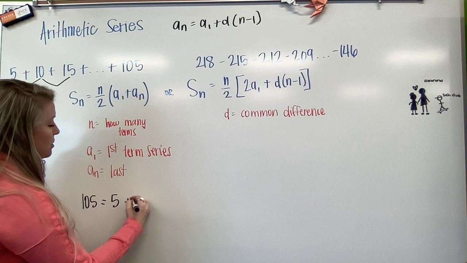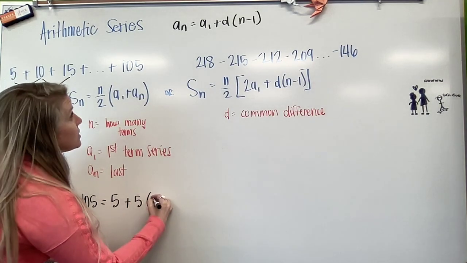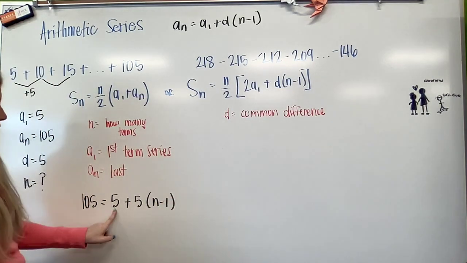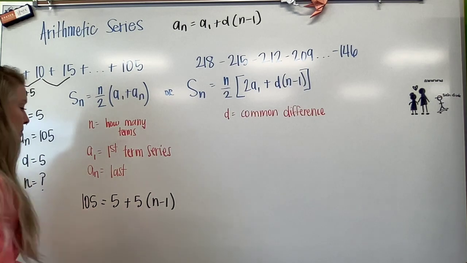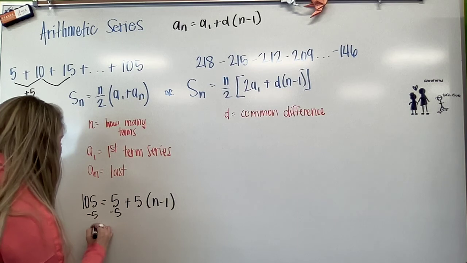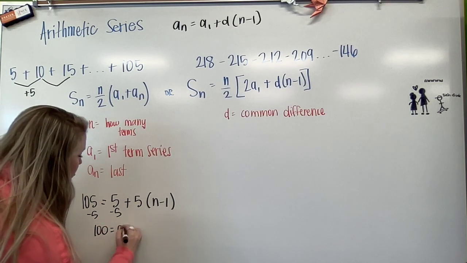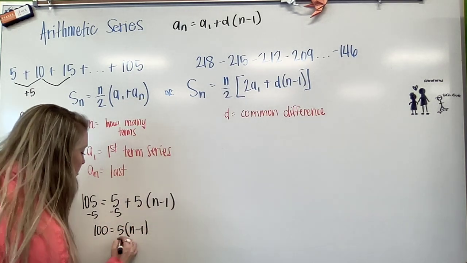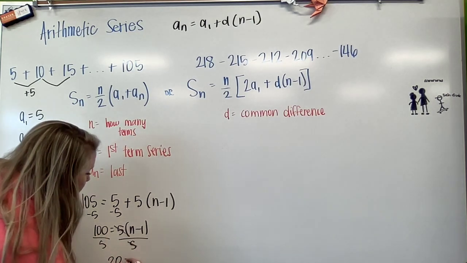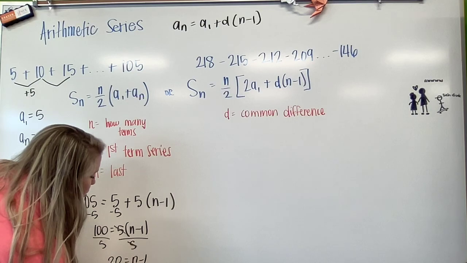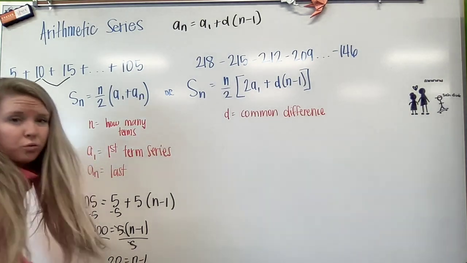So using our explicit formula, here's my first term, my common difference. Now I can solve for n. So I'm going to minus 5, so I get 100 equals 5 times n minus 1. Divide by 5, so that's 20. So I have 21 terms.